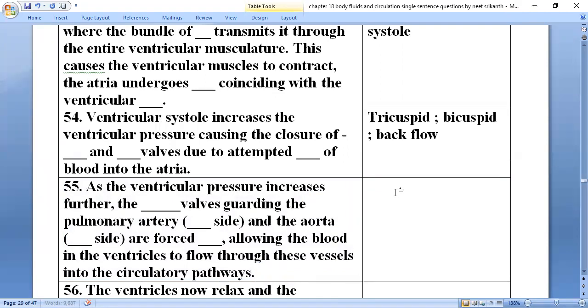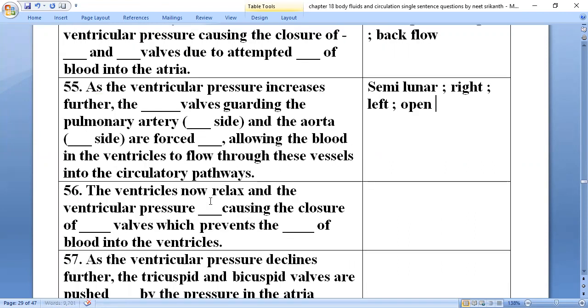As the ventricular pressure increases further, the semilunar valves guarding the pulmonary artery on the right side and the aorta on the left side are forced to open, allowing the blood in the ventricles to flow through these vessels into the circulatory pathways.